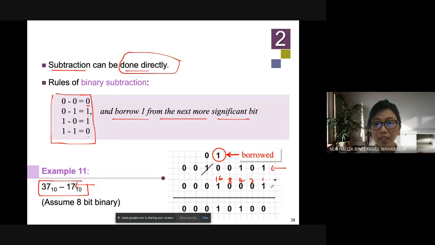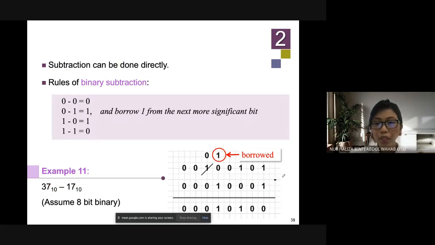That's why this is 17, this is 37. You calculate the one on top, or you just directly convert using your scientific calculator. So from here you are going to minus, deduct or subtract it directly using the magnitude number. So this one is magnitude 37, this one is 17. Then you directly minus or deduct.